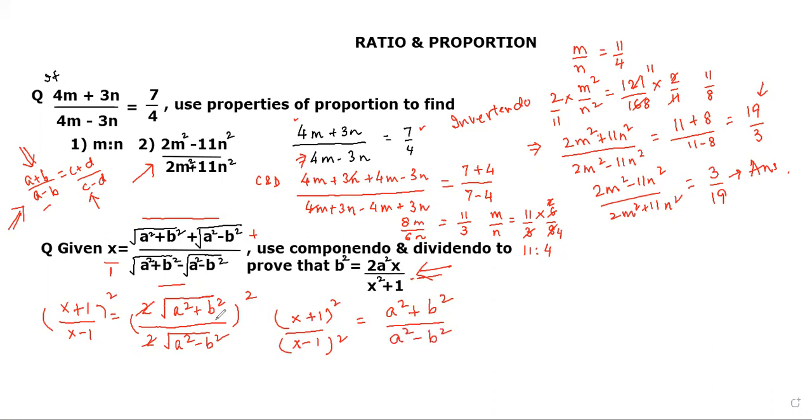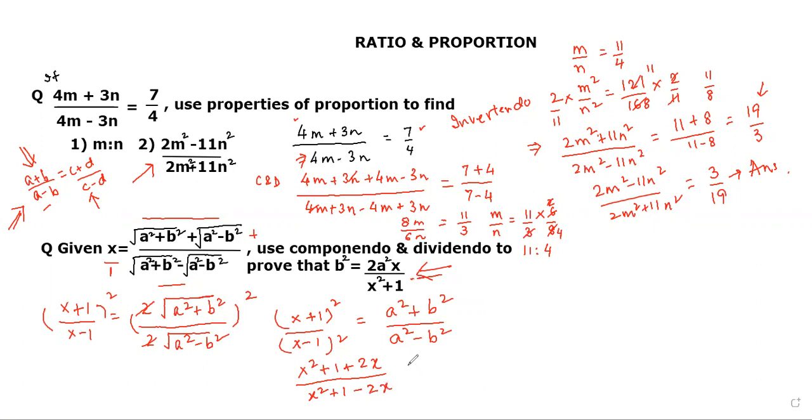All right. So I hope you are trying to follow what I am doing. Now let me open on the left-hand side the brackets. And you know what is a plus b whole square? It is x square plus 1 plus 2x whole upon x square plus 1 minus 2x.